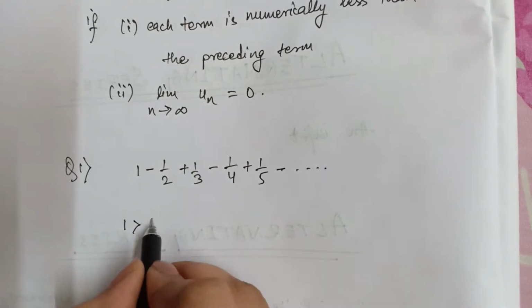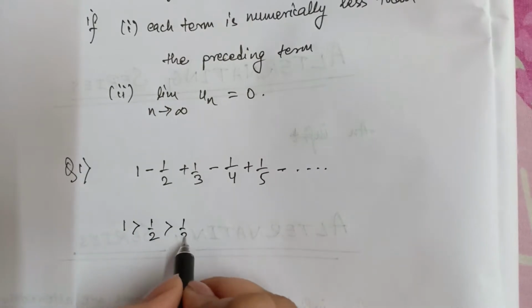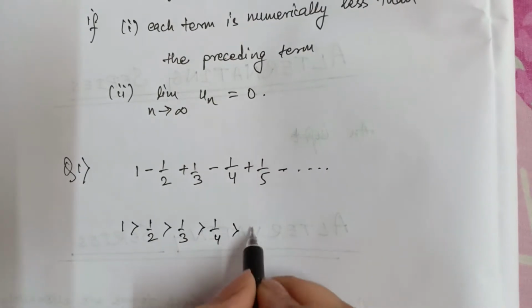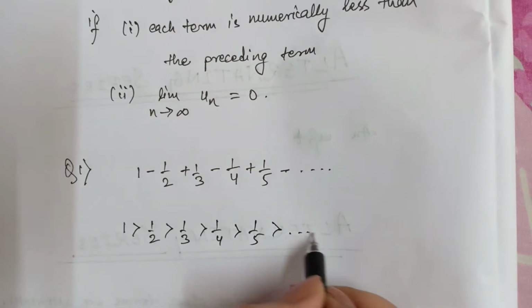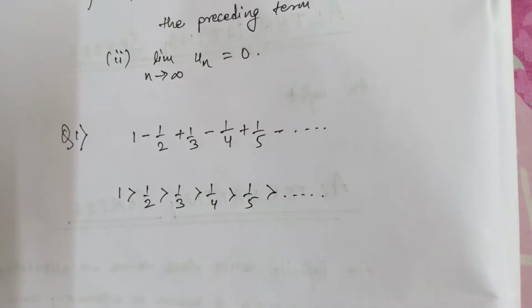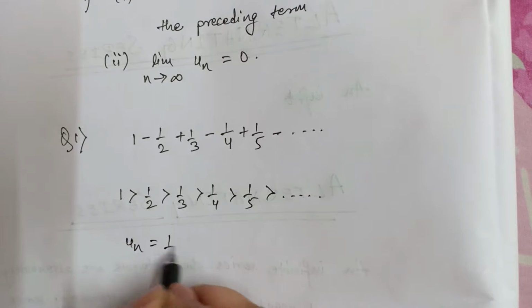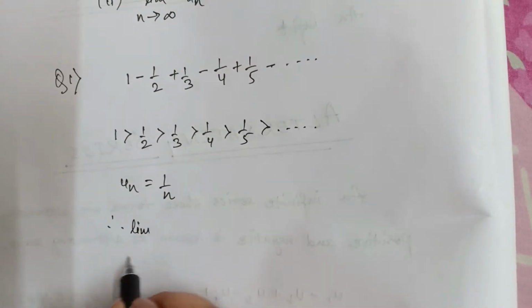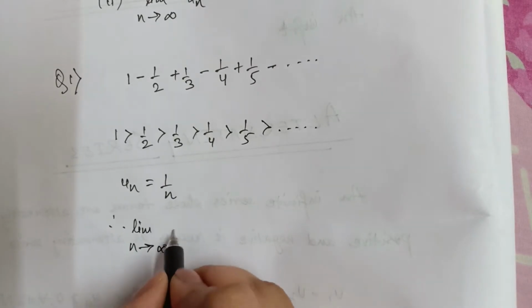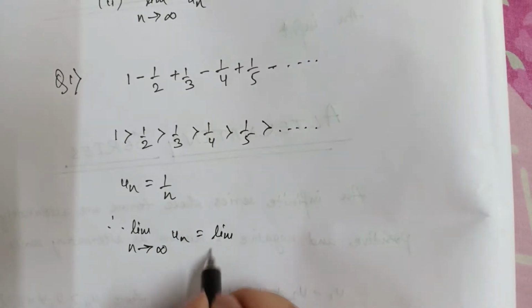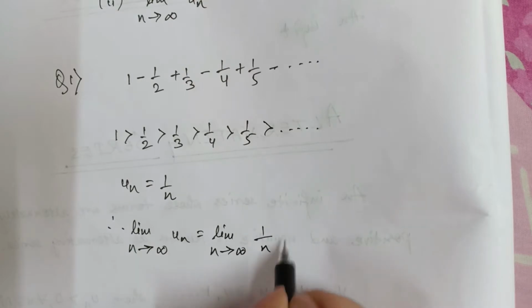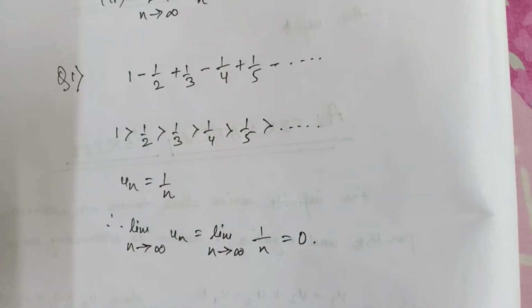Also, 1 is greater than half, it's greater than 1 by 3, greater than 1 by 4, greater than 1 by 5. And also, we see that un equals to 1 by n. Therefore, limit n tends to infinity, un equals to limit n tends to infinity 1 by n, which equals to 0.